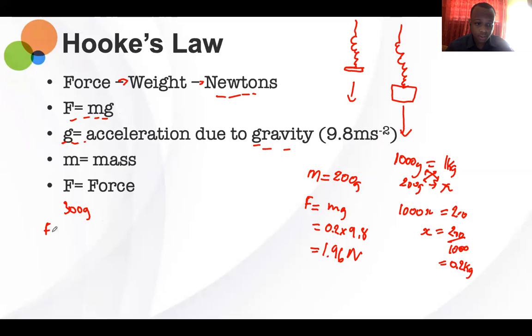So F equals... I hear somebody giving it a shot. Somebody was saying something. Yeah, so force is F equals mg. We're just repeating this formula here. Now, what are we getting here?